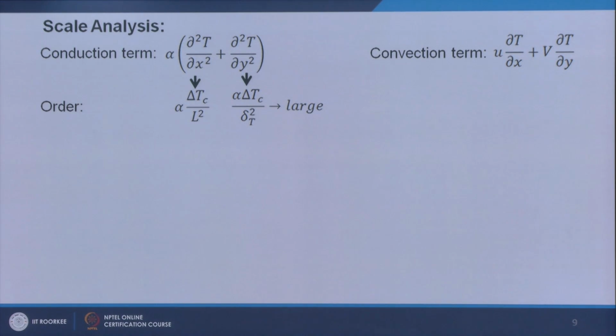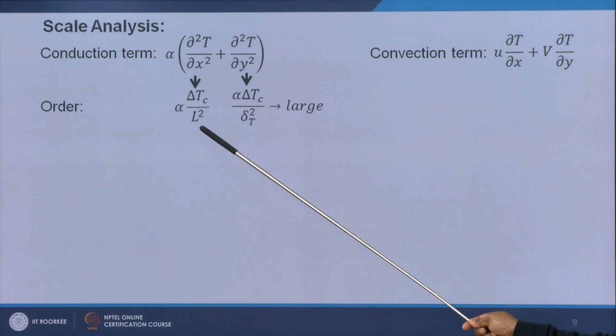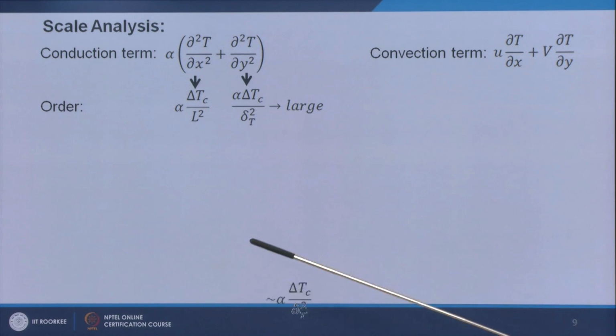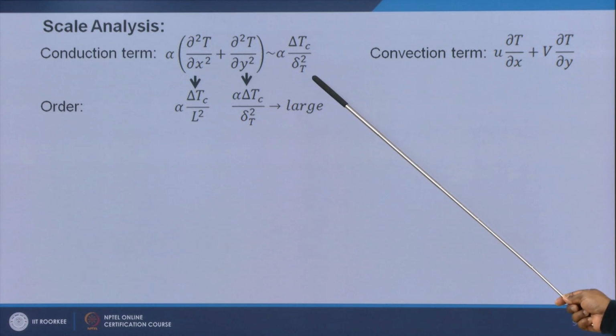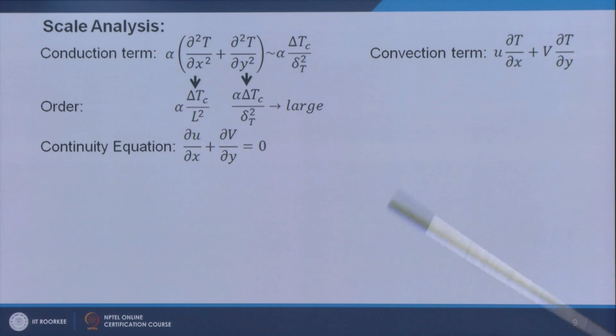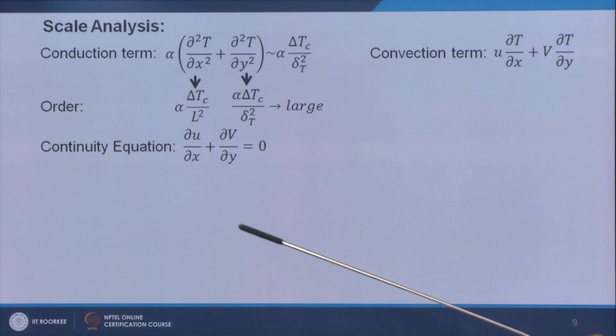Okay, so if we compare between these two, as L is much larger compared to delta T, this will be the dominant term. Okay, so our conduction will be of the order of alpha into delta Tc by delta T square.